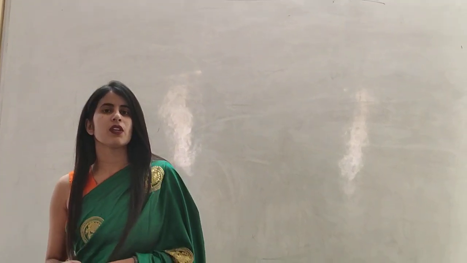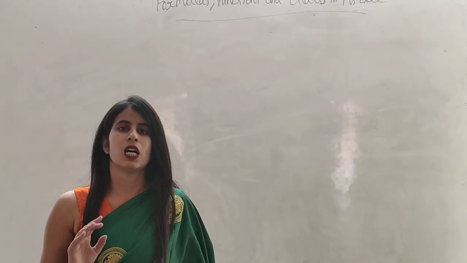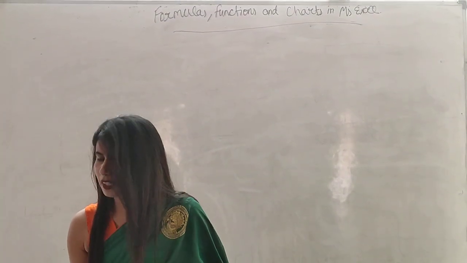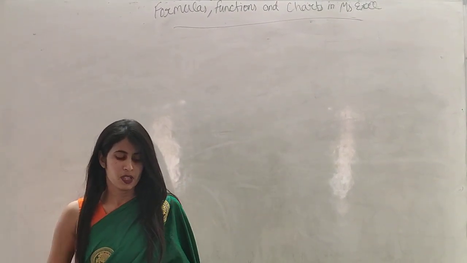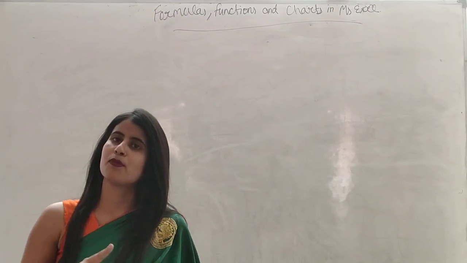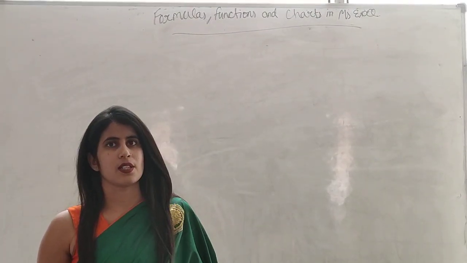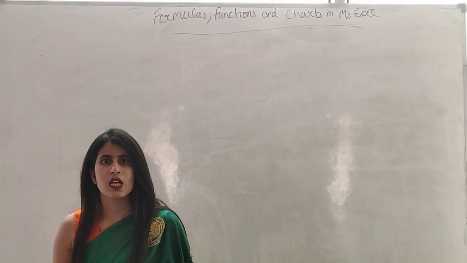In previous week, we studied the topics: what are the types of the chart, and they were line, pie, area, scatter, column chart, bar chart, donut chart, etc. So these were the charts that we studied in previous week.